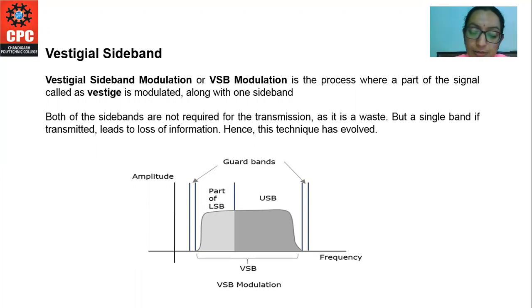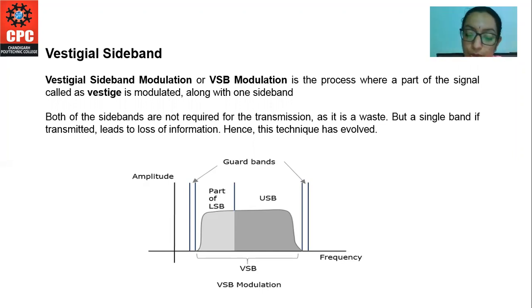In this case, the baseband signal contains significant components at extremely low frequencies, which is the case for television and telegraph signals.